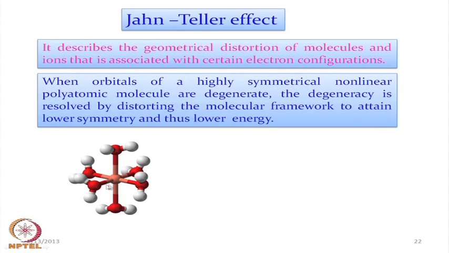So, this can be a regular geometry, but for a copper ion, copper 2 plus, which has some unequal occupancy in the Eg level, this particular molecule would be able to go for some kind of distortion, through an electronic configuration applicable to the tetragonally elongated one. That will give rise to the corresponding Jahn-Teller effect, and we will discuss that in detail in our next class. Thank you very much.